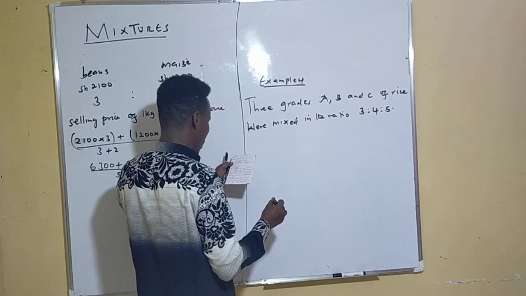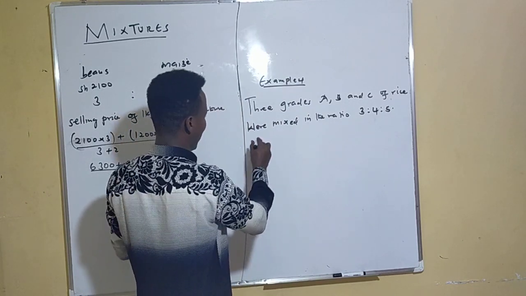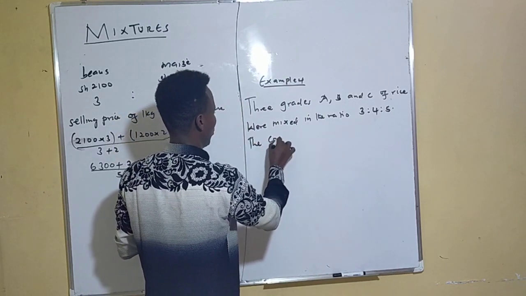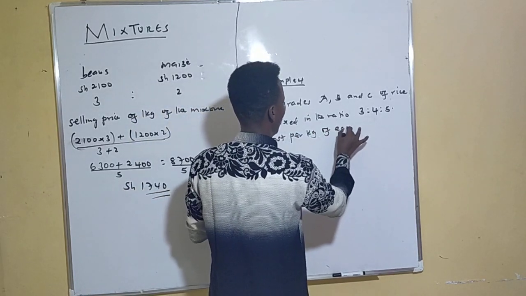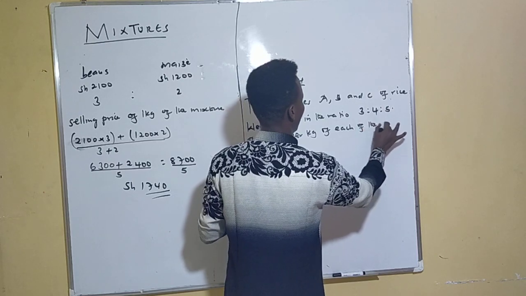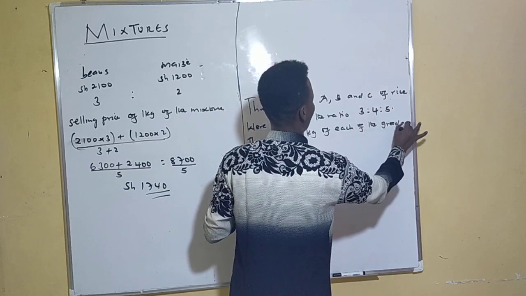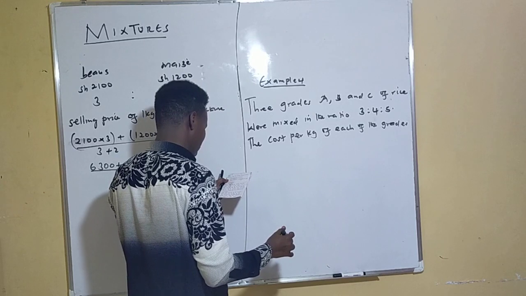You are told the cost per kg of each of the grades.